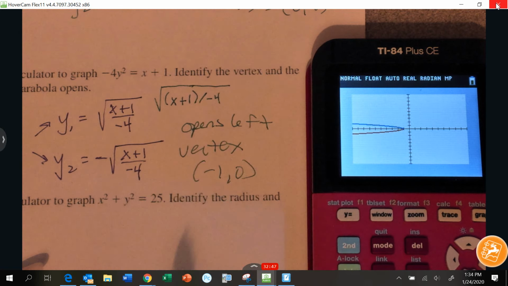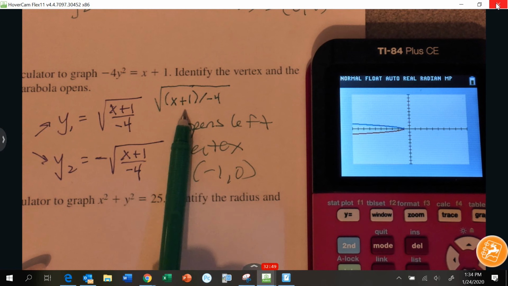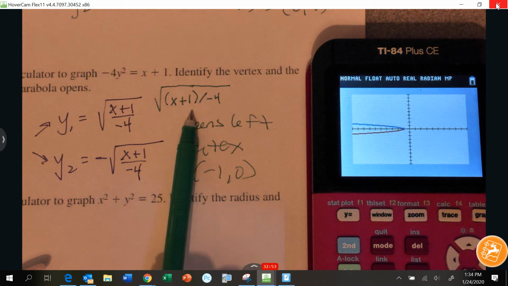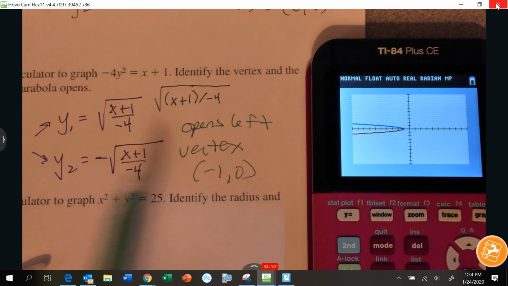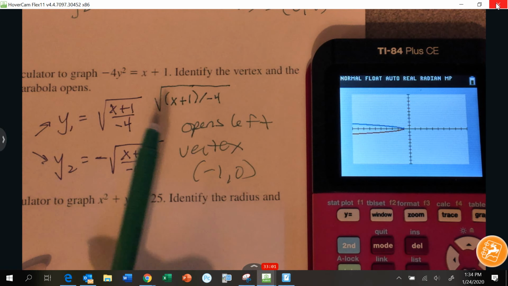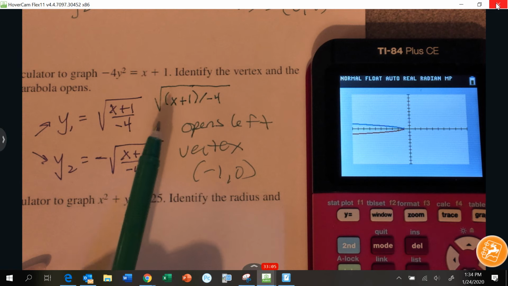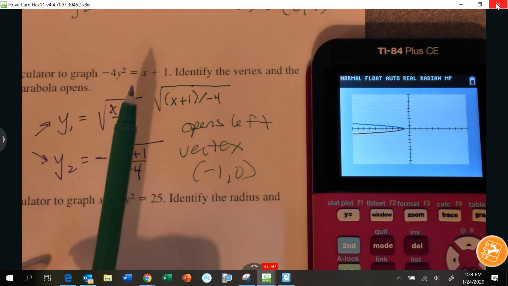Now, the reason why it's at negative 1, 0 is because we have an x plus 1, which means translate to the left 1. So I can get this stuff by looking at it. This one is a horizontal stretch and a reflection in the y-axis.